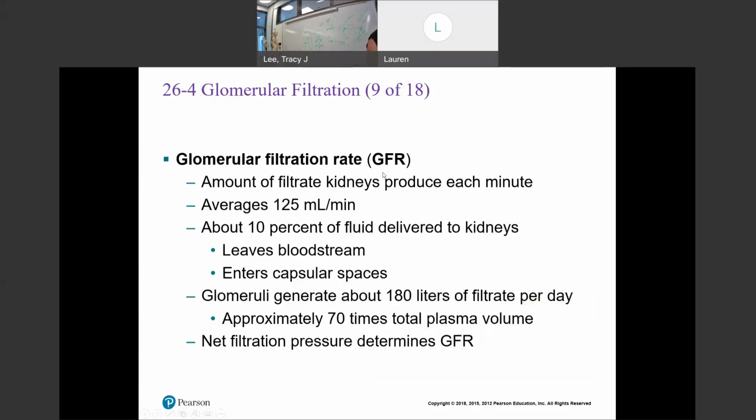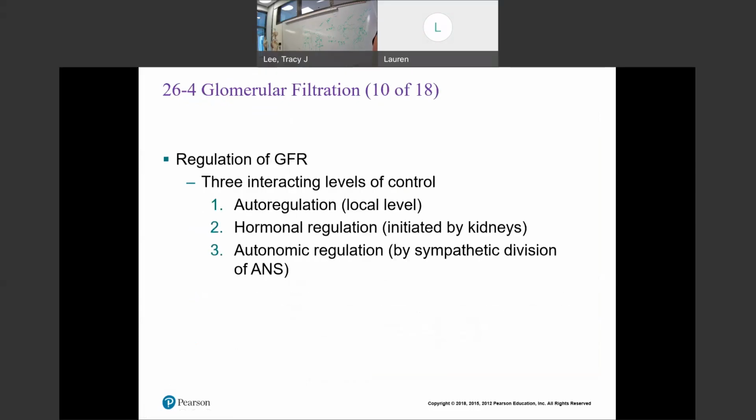This is overall, how much is moving? All right, what controls that glomerular filtration? Hormones, the autonomic nervous system, and those baro and chemoreceptors right at that area that can tell those vessels get smaller, get bigger.